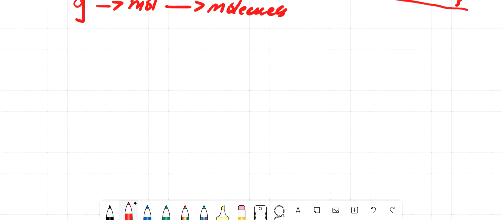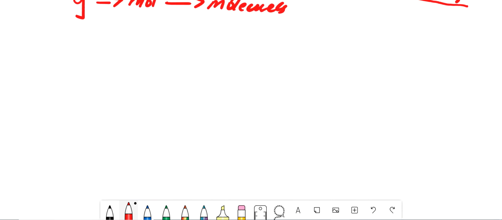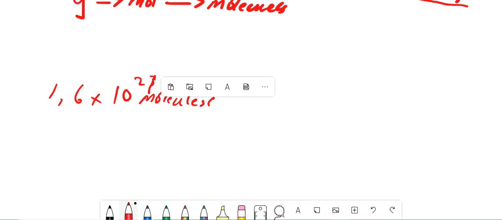That's 1.6 times 10 to the power 21 molecules of copper oxide. We have to convert it to grams.